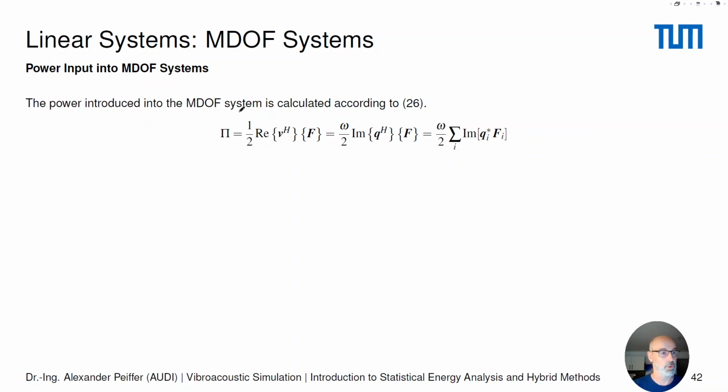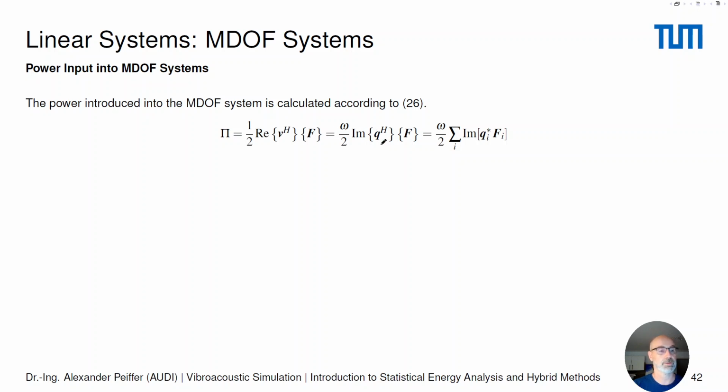Good. How can we calculate a power input into such a system? Again, we come back to our harmonic oscillator, and there the introduced power was given by the real part of the complex velocity times the force. This is now again a vector. So this is the velocity vector, and we use the Hermitian vector of it times the force.